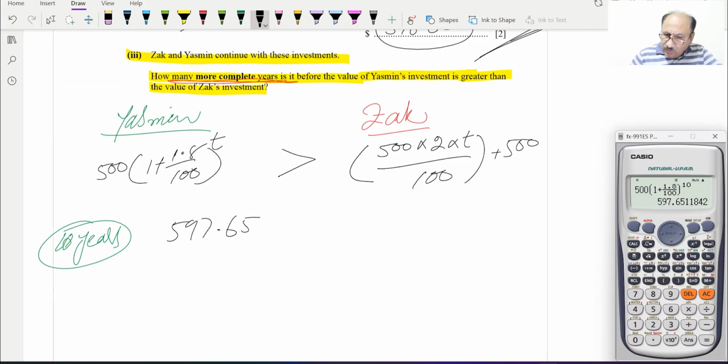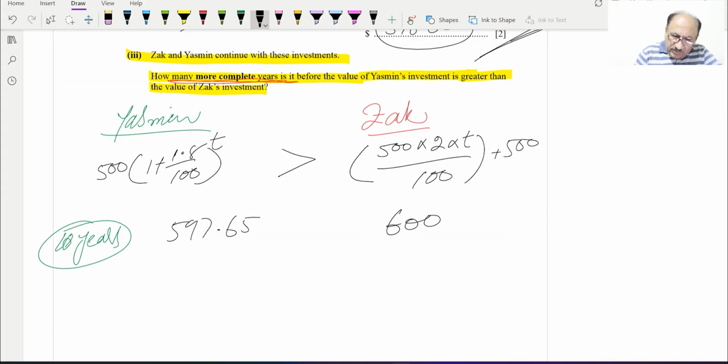And for Zach, it will be 500 into 2 into 10 divided by 100, plus 500, which is equal to 600. So you can see still Zach is more, so we have to check for more years.